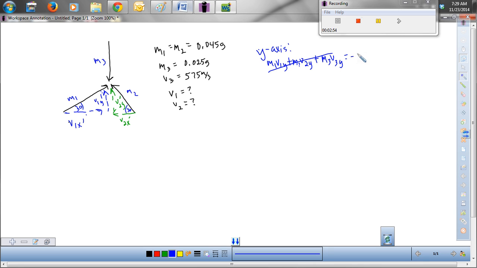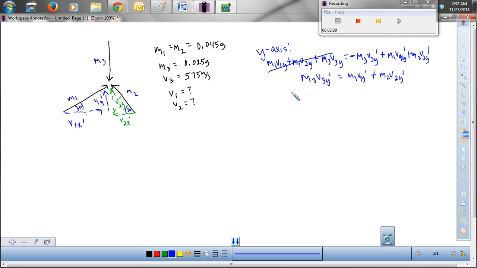This will be negative M3 B3 y prime plus M1 B1 y prime plus M2 B2 y prime. Alright, this one is negative because it's headed to the south. These are positive. I'm going to bring this over to here. So M3 B3 y prime is equal to M1 B1 y prime plus M2 B2 y prime.